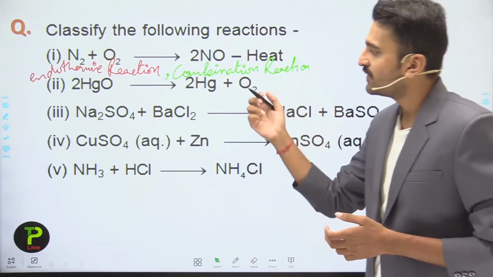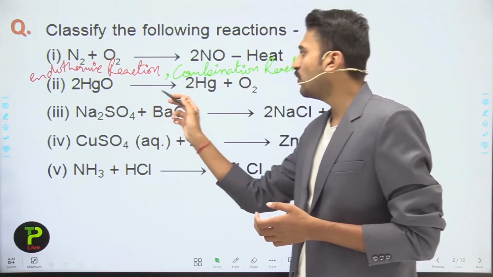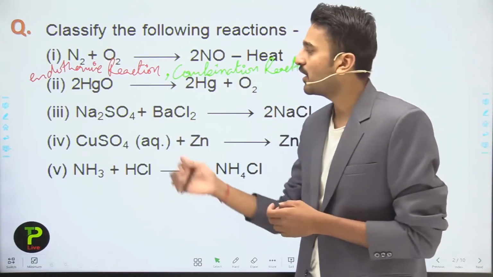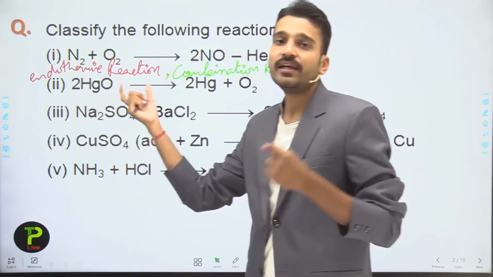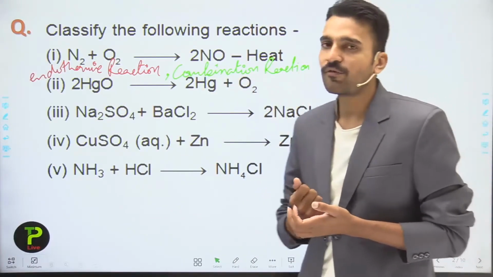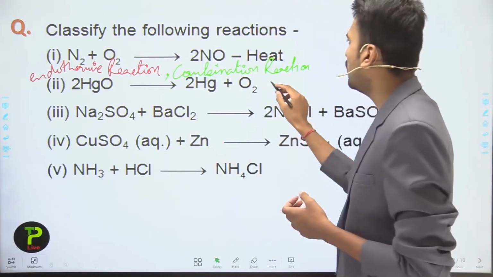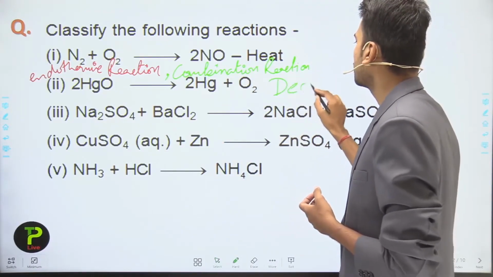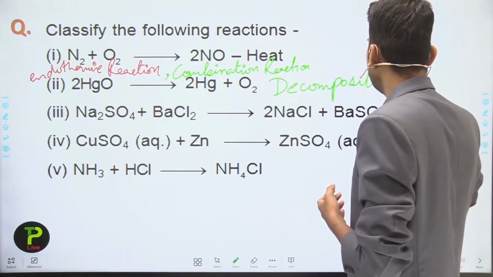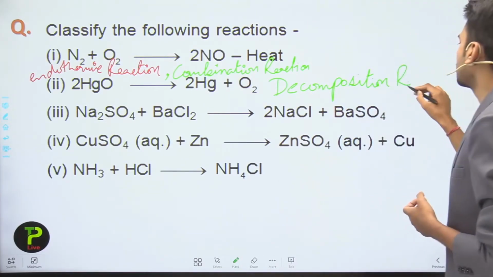So the second part says that HgO gives Hg plus O2. Here you can easily see that a single reactant is decomposing to give two products. So this particular type of reaction is called the decomposition reaction.